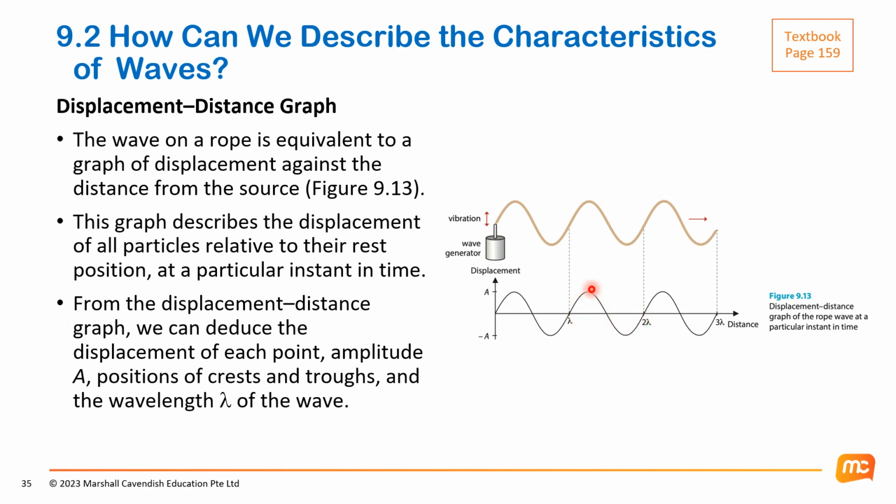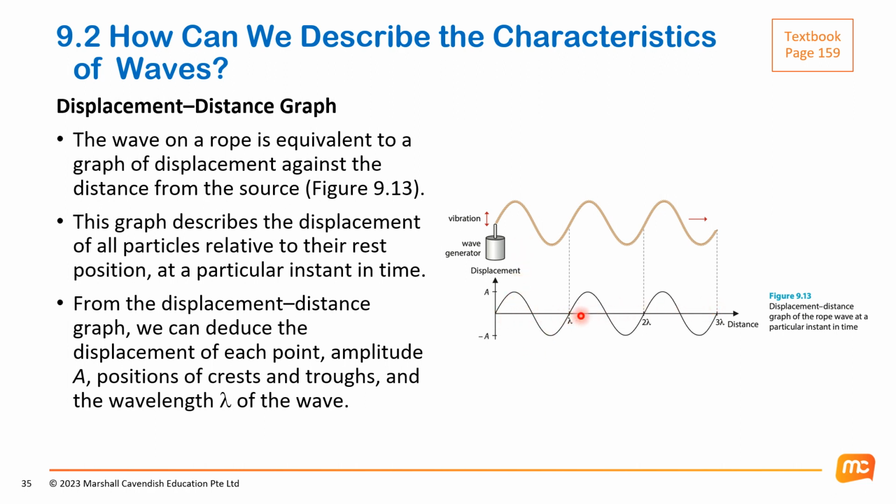So the waveform will repeat itself after one wavelength. You can either take two crests, two troughs, or if you're more confident, one cycle like this that goes up and down. One sine wave for those of you who are more comfortable with the math terminology. So this is the displacement distance graph.